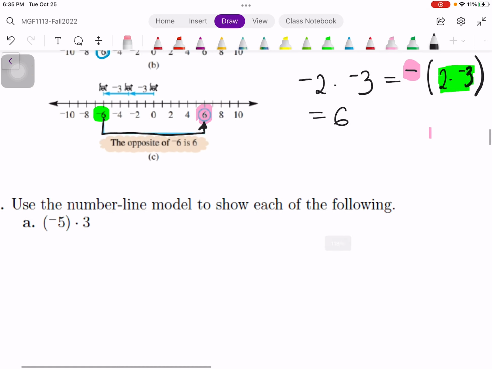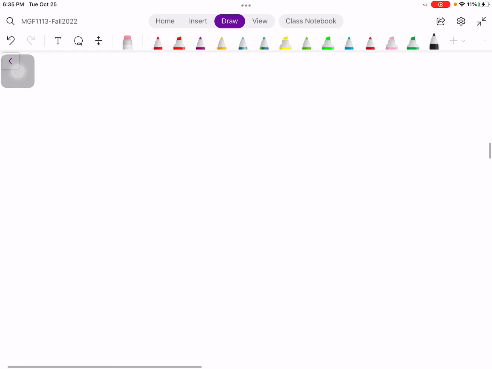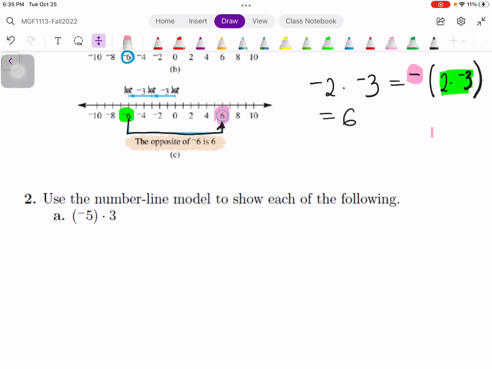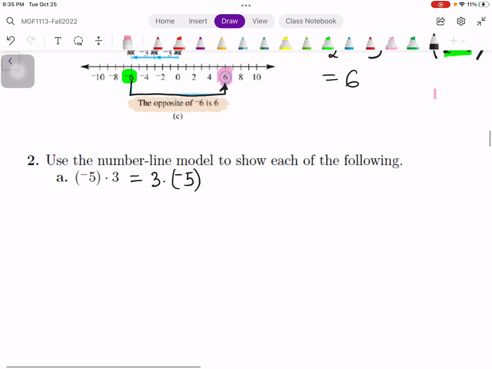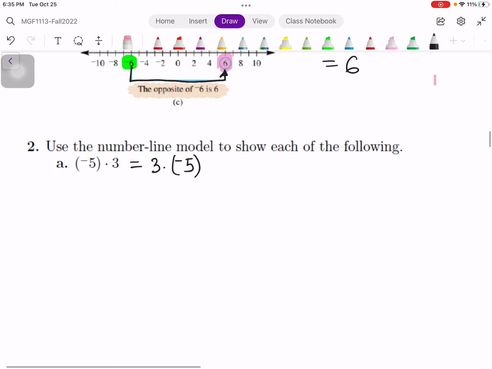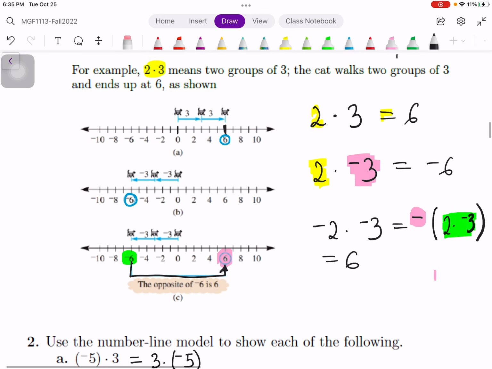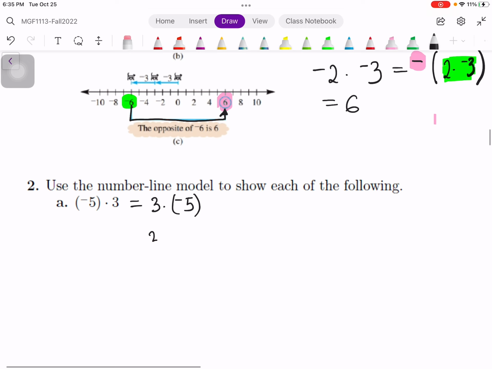Okay, let's try to do some number line models. So let's try to do the first one. So -5 times 3. Okay, if one of the numbers is positive, then the thing here is to place it first, because multiplication is commutative, so you can change the order. So I think of it as going 3 groups of 5 units backwards, right?